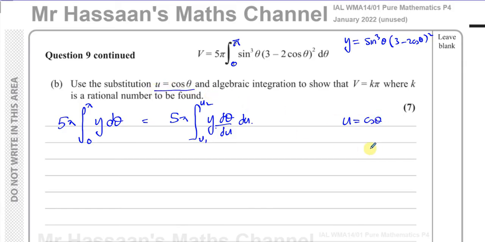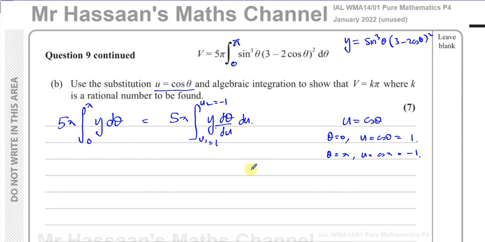So when theta is equal to 0, u is equal to cosine of 0, which is 1. And when theta is equal to pi, u is equal to cosine of pi, which is negative 1. So negative 1 goes up here, and 1 goes down here.